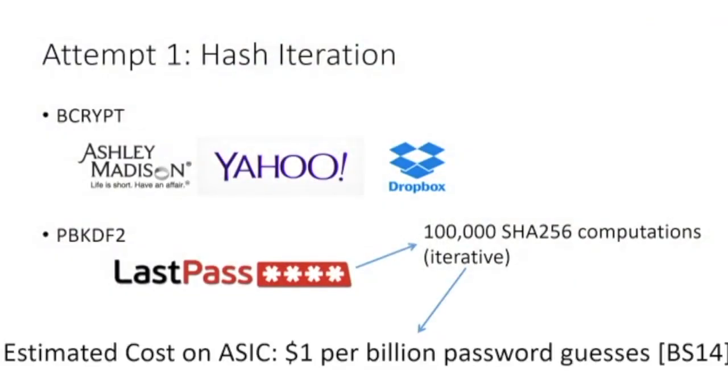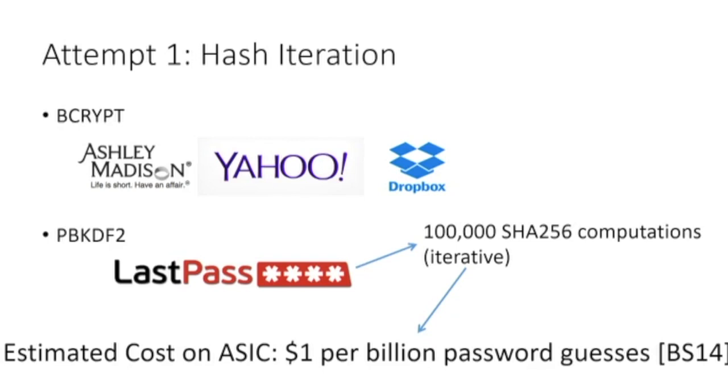Now, unfortunately, this still may not be enough to defend against an attacker that has customized hardware, like this Antminer S9. In particular, if the attacker builds an application-specific integrated circuit whose job is just to crack the user's password, then we would estimate that this ASIC would be able to try about 140 million password guesses per second.